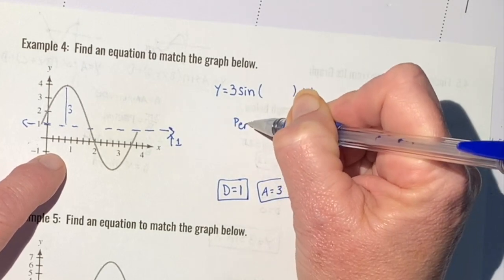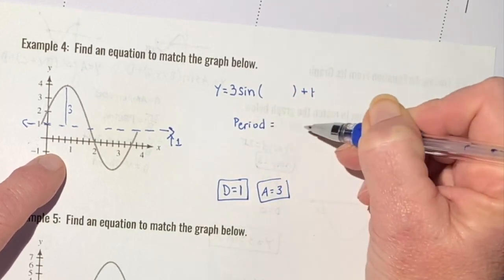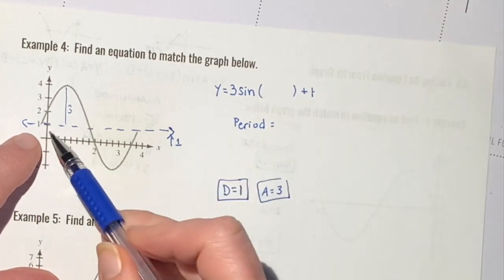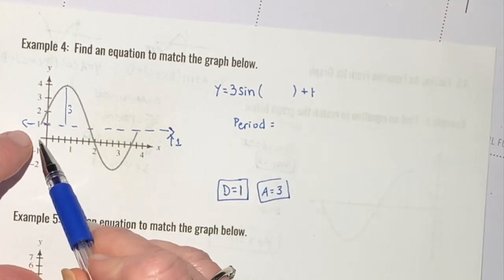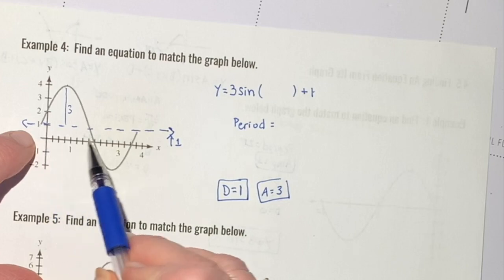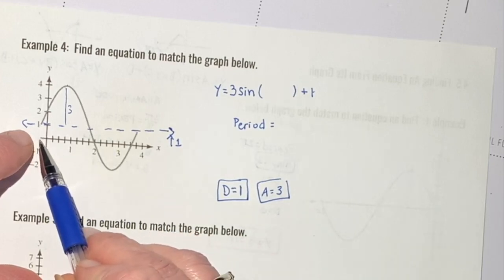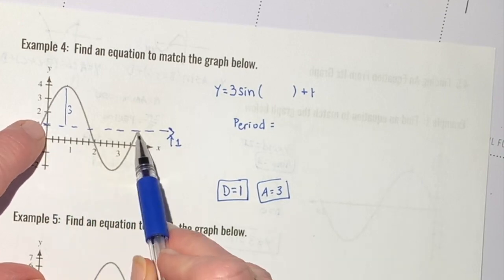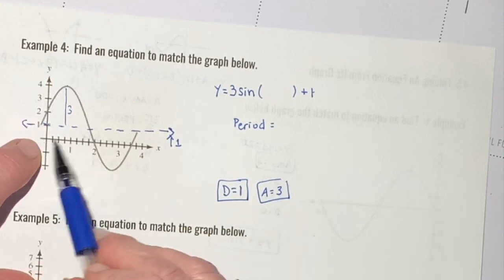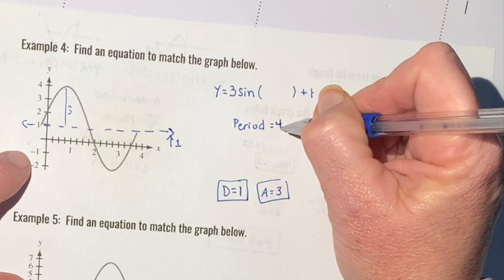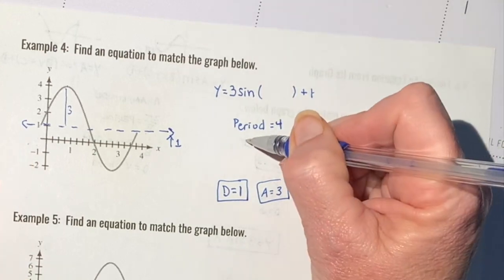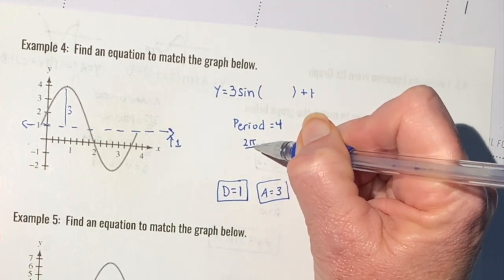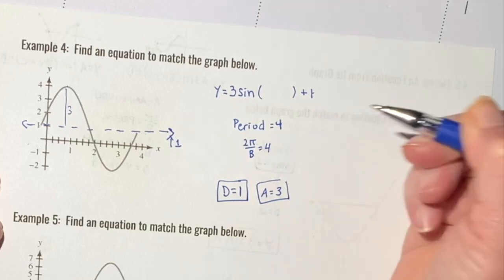So my period on this graph goes from about -1/4 to, basically if I shifted this over to 0, that would shift over to 4. So you can see that the period is 4. All right, well, again, 2 pi divided by b equals the period of 4.